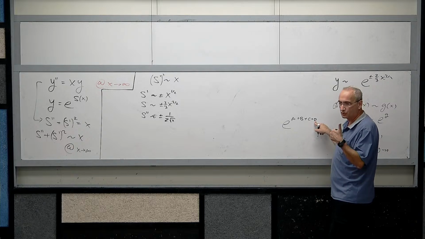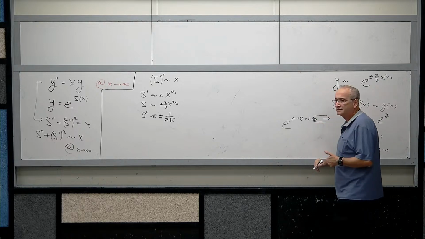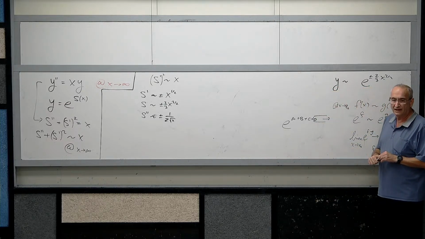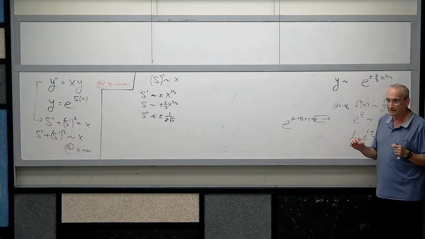Right? We should make sure that what we neglect are only terms that are going to 0 as x goes to infinity. Do you understand? This is a very crucial point.